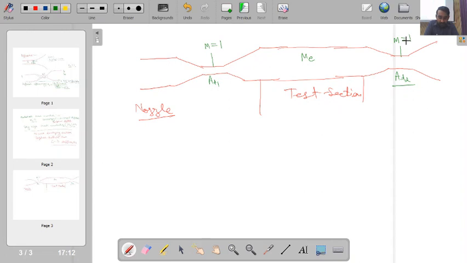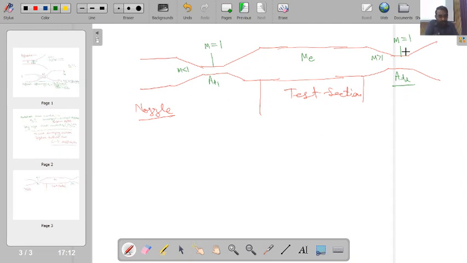Okay, now if you see, the situation is opposite. Here initially the flow is subsonic, so in this portion the Mach number is less than 1, and then it approaches 1 at this particular throat. In the diverging section, the Mach number is greater than 1, and then it achieves the sonic condition over here.